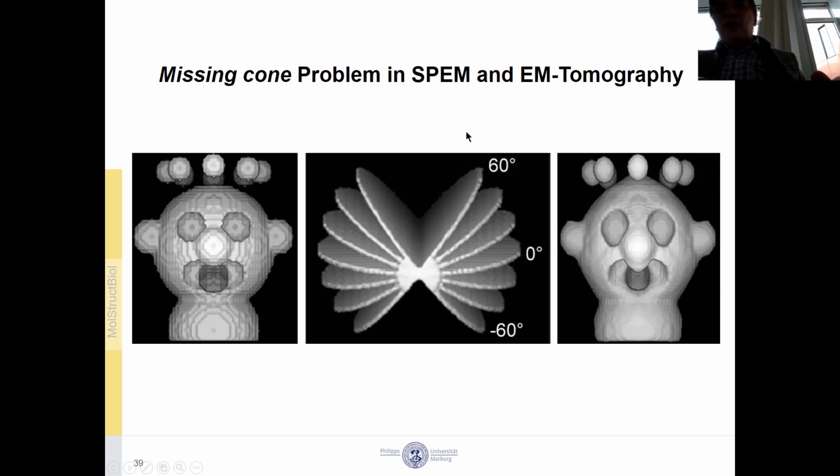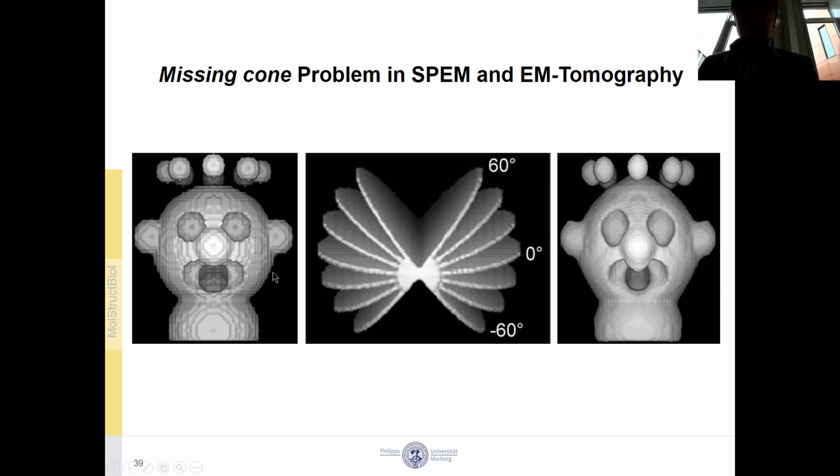So you see here, you only get a certain range of angles. You would require the full orientation, all slices around. But you see here, there are some missing because it does not orient itself properly in all directions. Nevertheless, you can do the back Fourier transformation, you can do the reconstruction, and that's how it looks.